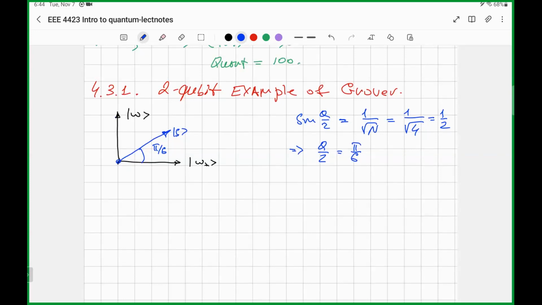All right. So next, for the 2-qubit system, we have small n equal to the capital N equal to 2 to the power of 2, which is 4, as we already know. So the dimensionality of this Hilbert space is 4.